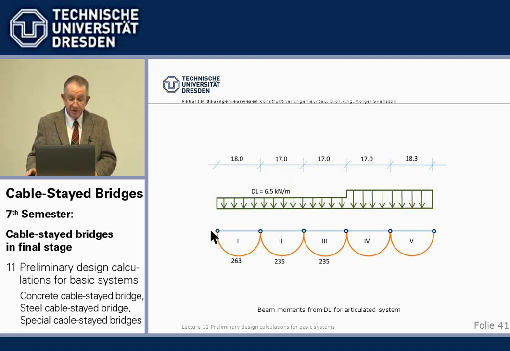Basically what comes in addition is, we would say in German, the QL squared 8s, which are hung into the life load moment envelope. I've said here, we calculate the dead load moment for an articulated system, which is the same. So we know we have 263 kilonewton meter from dead load.